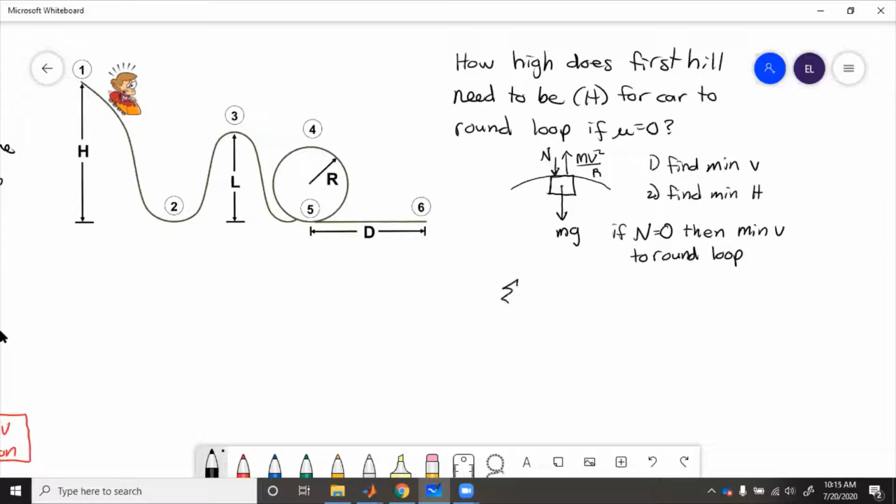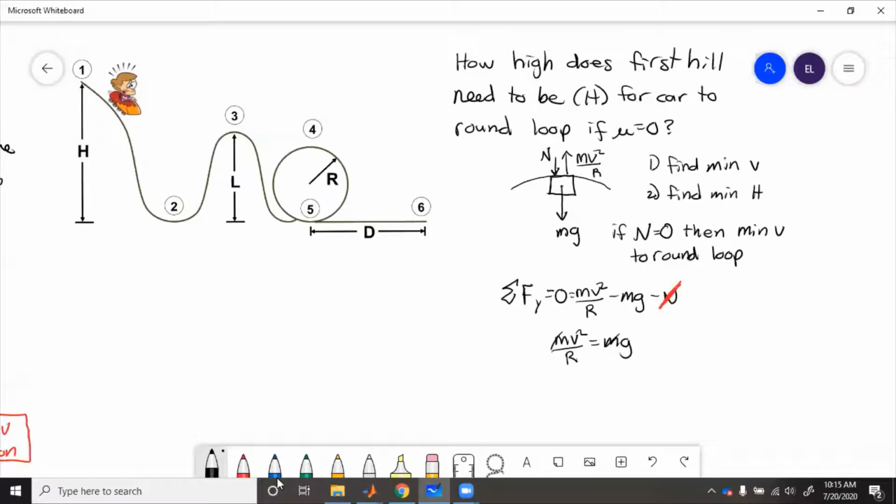So we can sum the forces in the y direction equals 0. So we have mv squared over r going up, minus mg going down, minus normal force going down, but normal force is going to be 0. So now we have mv squared over r equals mg.